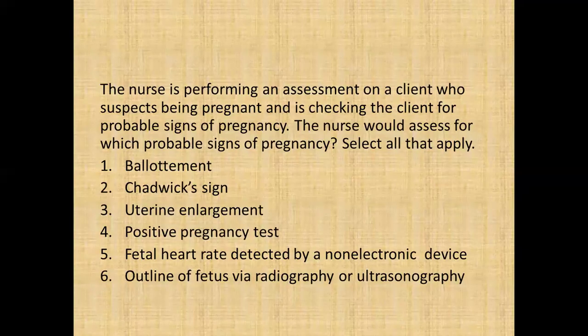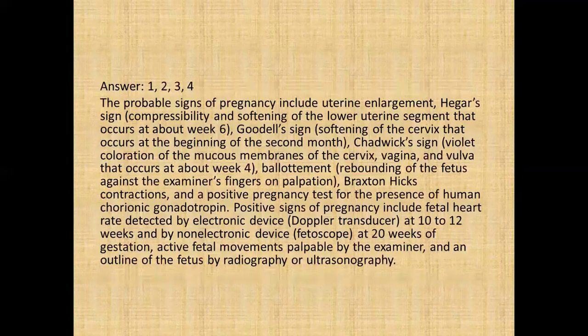I was thinking 1, 2, and then 4, because the uterine enlargement could be a myoma. The question says probable signs, not positive. Yes, myoma can cause uterine enlargement, and that is why it is a probable sign. Okay, I get it, thank you.